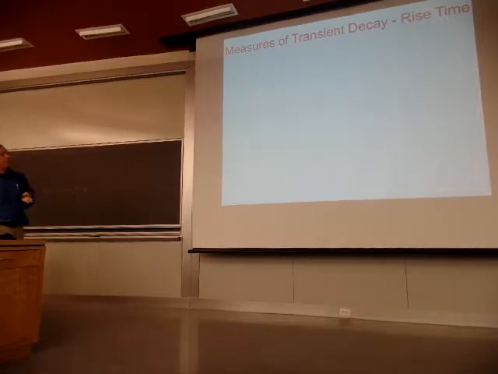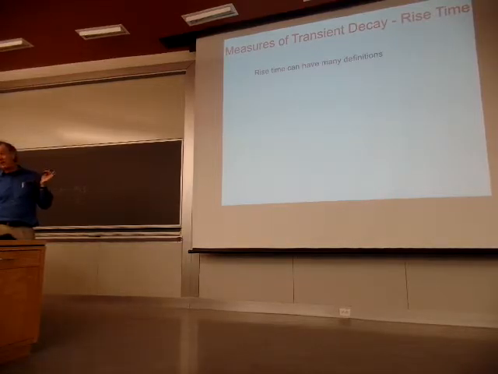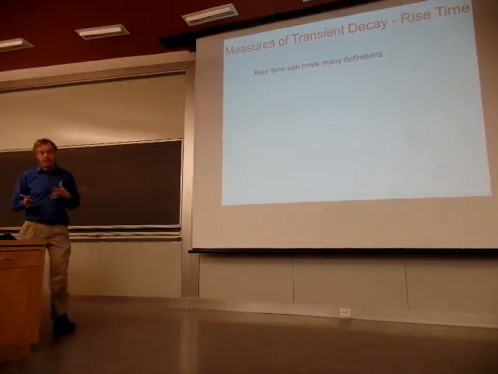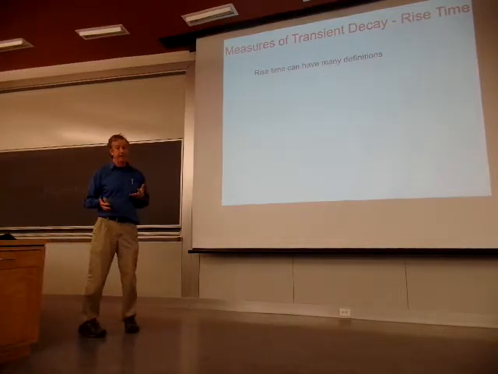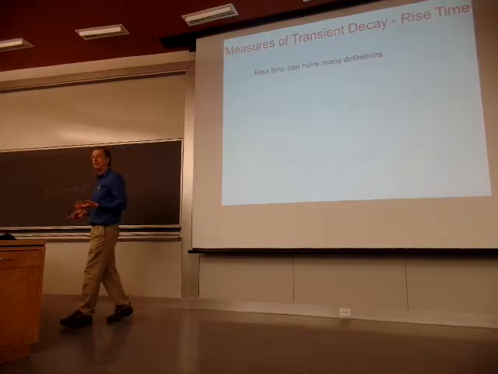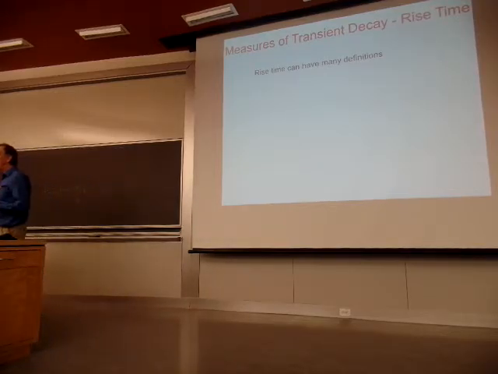Some of the measures of the transient decay, one of them is the rise time. Maybe you're familiar with the definition, but it has many definitions. Rise time is one of those specifications where you have to define what your definition is, and you usually choose the definition that makes your system look good.